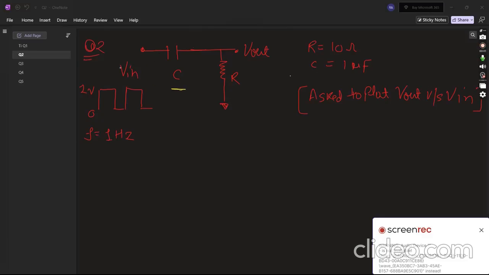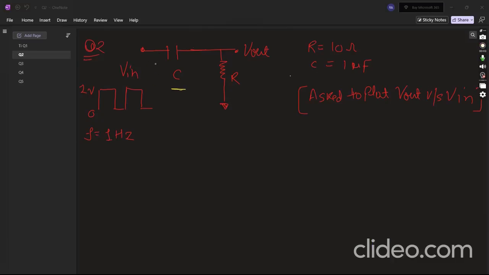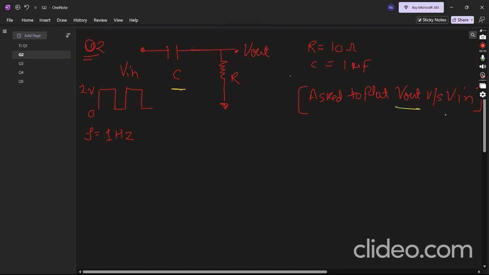Now in the second question, we can see this is a high pass filter, by the orientation of the capacitor and resistor. In this question we were given a pulse of 1 hertz and asked to plot V out versus V input. We can solve this easily.